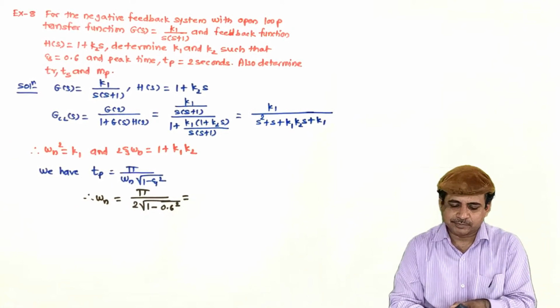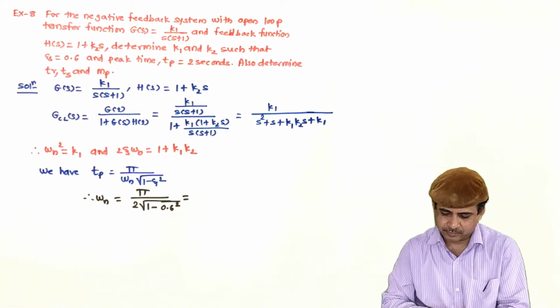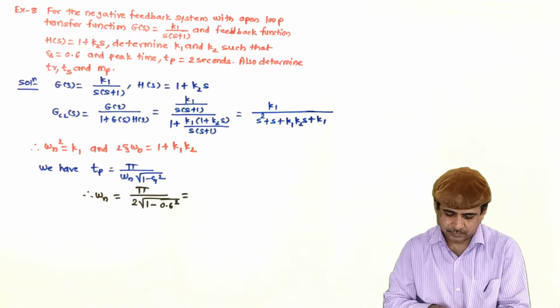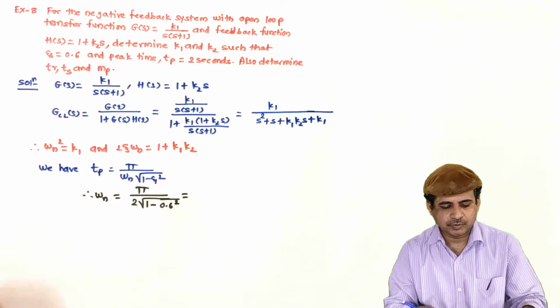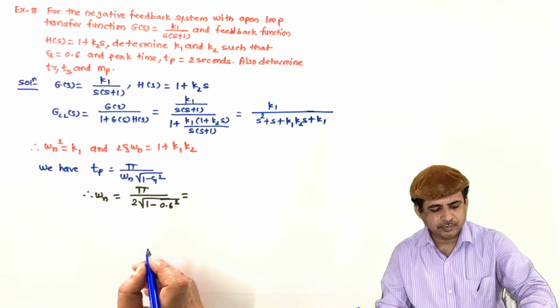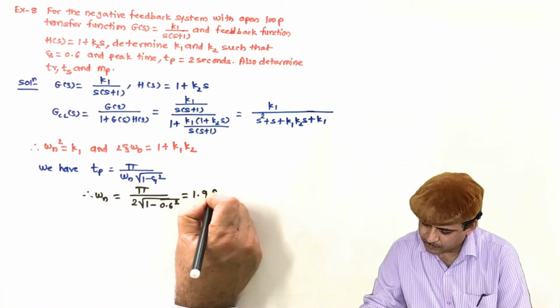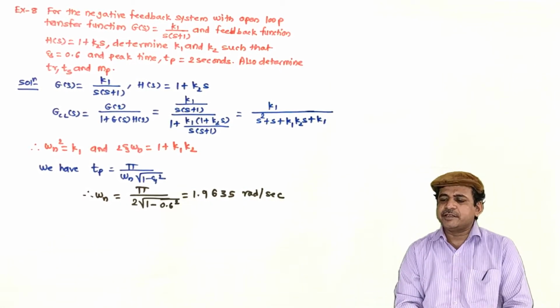So it is nothing but 1.9635 radian per second.